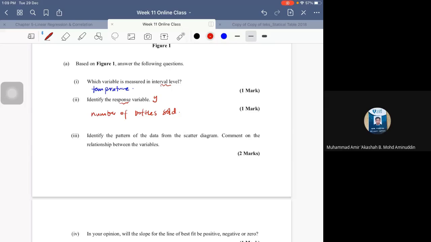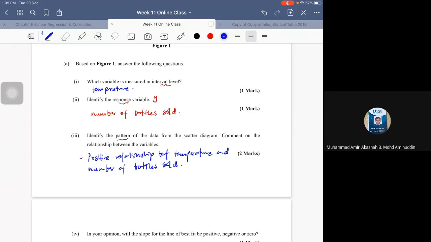So what can I say about the pattern is, there is a positive relationship between temperature and number of bottles sold. Okay, so that is going to be the pattern.